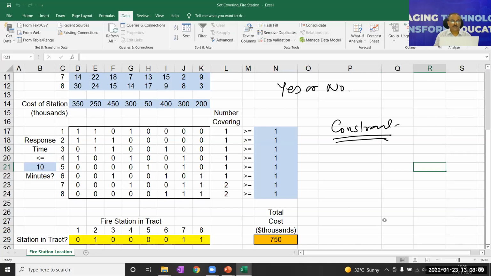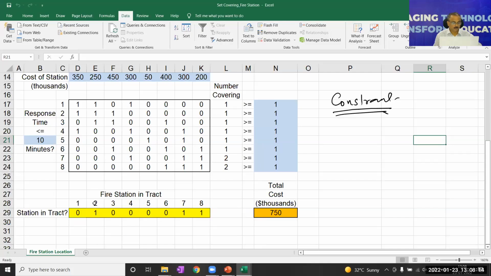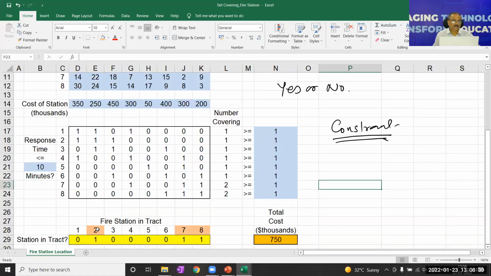If you solve it using the solver, you will get a solution, and you will see that the fire station is located in tract 2, tract 7, and tract 8. If the fire station is located in tract 2, it will serve these 3 locations.